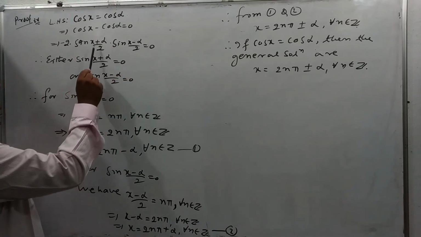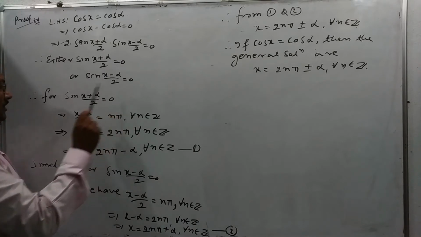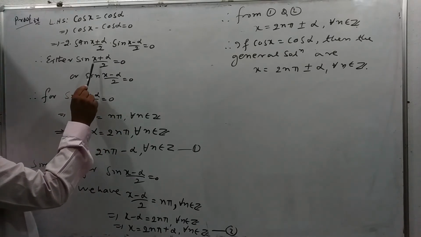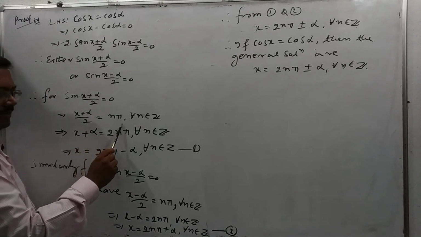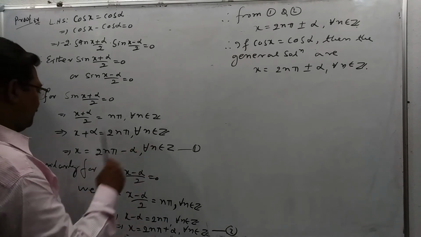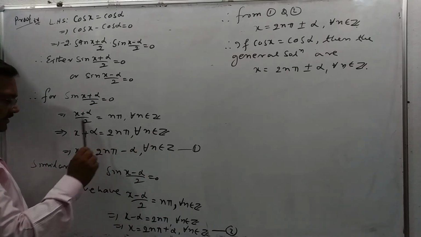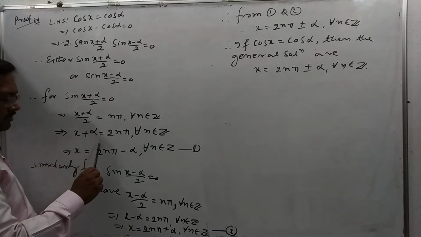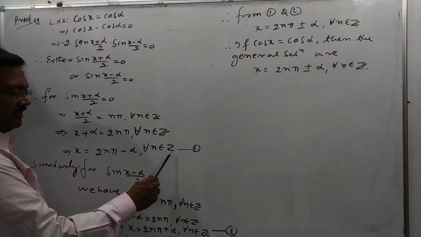Either sin of x plus alpha by 2 equals 0 or sin of x minus alpha by 2 equals 0. For sin of x plus alpha by 2 equal to 0, we have x plus alpha by 2 equal to n pi for all n belongs to Z. From the first proof, x plus alpha equals 2n pi, multiplied on both sides. So x equals 2n pi minus alpha for all n in the integer set.